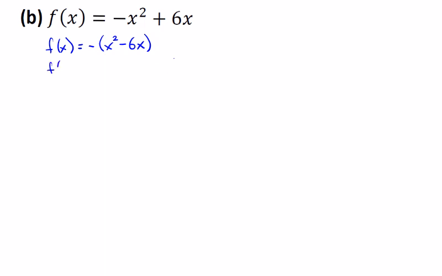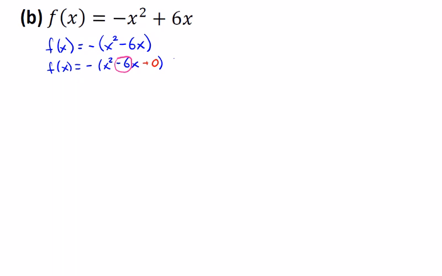So f of x will be negative x squared minus 6x plus 0, close parenthesis. And for the creative 0, I'm going to take this b value. You always want to take the b value of where you're trying to do the complete the square.